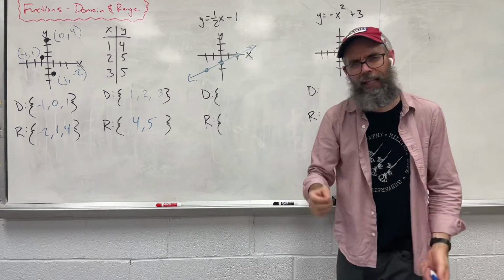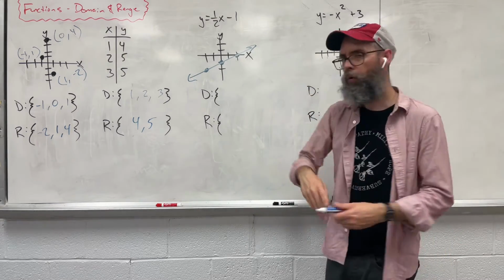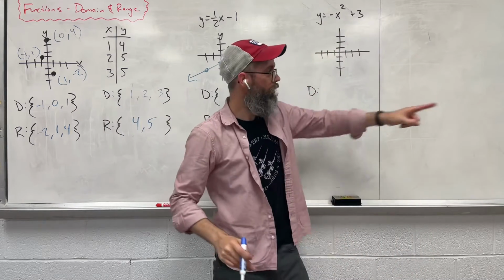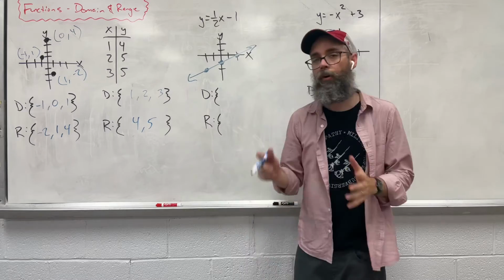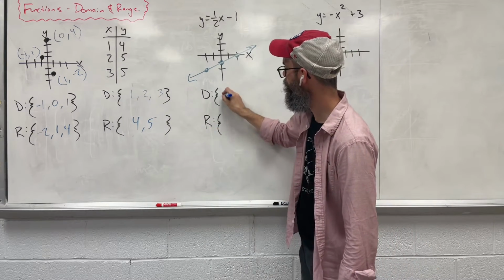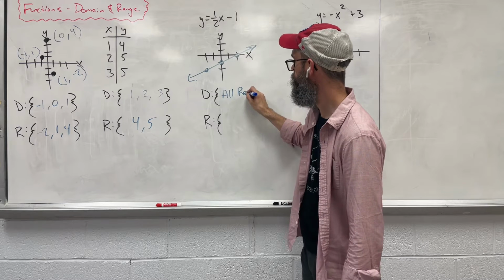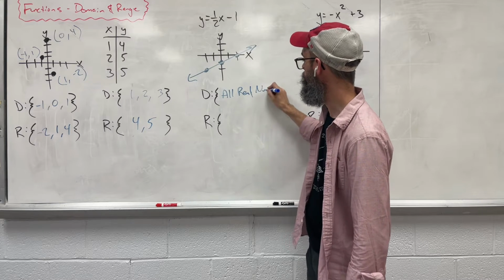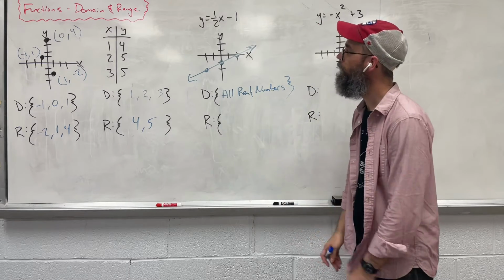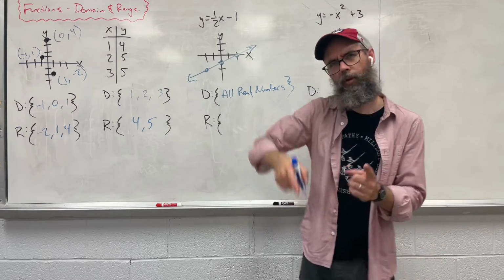My domain, my x values. What x values does it cover? Well, we've got a line that forever goes in the negative, it forever goes in the positive. We're never going to skip anything going left or right. So we then say something like all real numbers for your domain. My range, my y value, so that's going up and down.